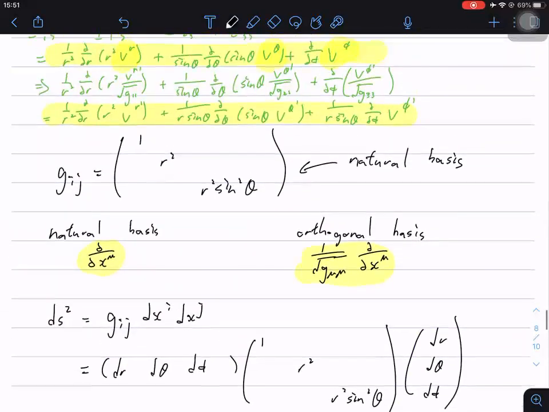The reason why I changed the final answer into orthogonal basis is that it's a much more familiar expression for you guys, because usually in EM, all the calculations you do are in orthogonal basis. But it's fine to stick with the natural basis as long as you keep everything consistent. The vector components themselves are in natural basis, the basis vectors themselves are in natural basis, then it will be all fine.